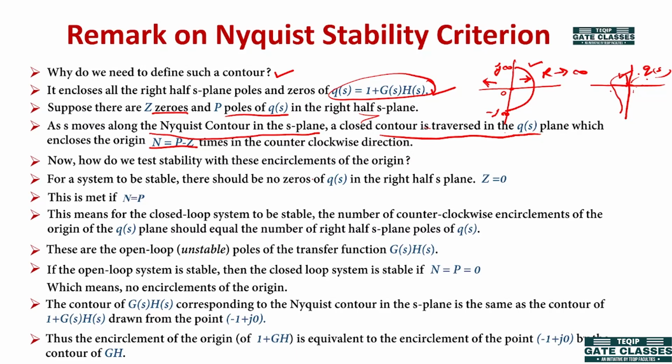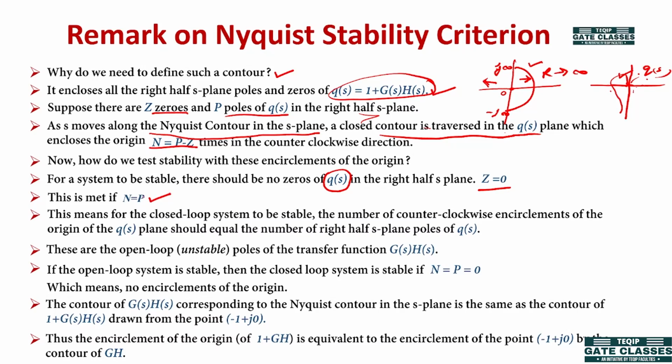For the system to be stable, the roots of Q(S), the characteristic equation, must not lie in the right half of the S plane. That means the number of zeros of Q(S) in the right half of the S plane must be 0, that is Z equal to 0. This can be done only if n is equal to P.